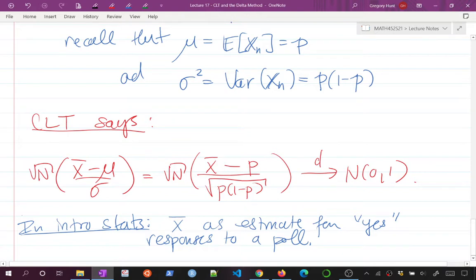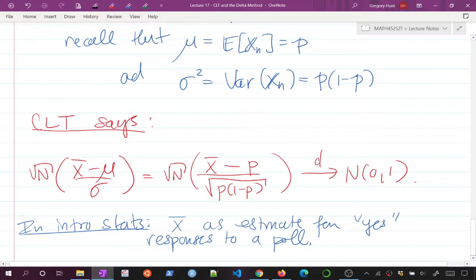And so you could code them as zeros and ones, and you could think of this as the observations from a Bernoulli. Maybe there's some true underlying proportion of students at the college that like 452, and I take a sample of one class, and I want to estimate that true underlying proportion. So I calculate the percentage of my class that says they like 452.